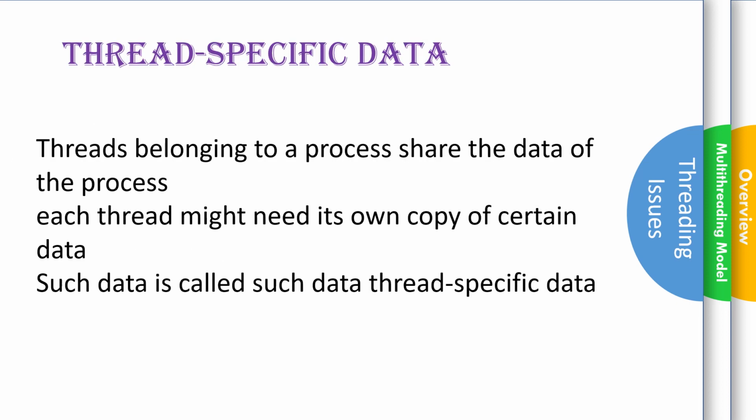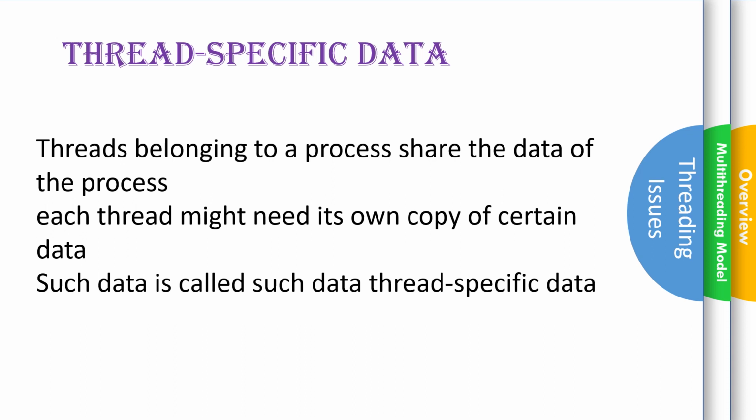Next, thread specific data. Now we have seen that threads have specific data and they have shared data. Sometimes, for the shared data, it is better to have a copy of it with the thread. So there we create thread specific data. Threads belonging to a process share the same data, that is, the data is shared between all the threads that are available.